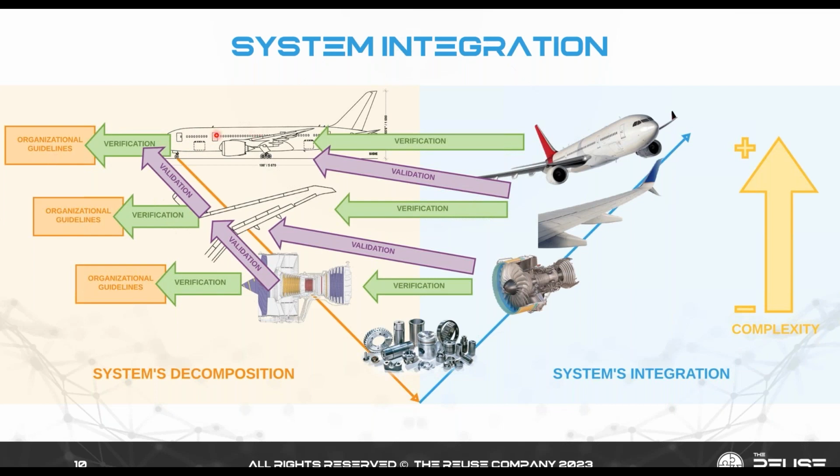This verification is going to take place between these system requirements, models, and so on and so forth, against the organizational guidelines, quality standards, etc. So we're making sure that basically these requirements and these models are built properly or accordingly. The second type of verification is the most common one, or the one that we speak about the most.